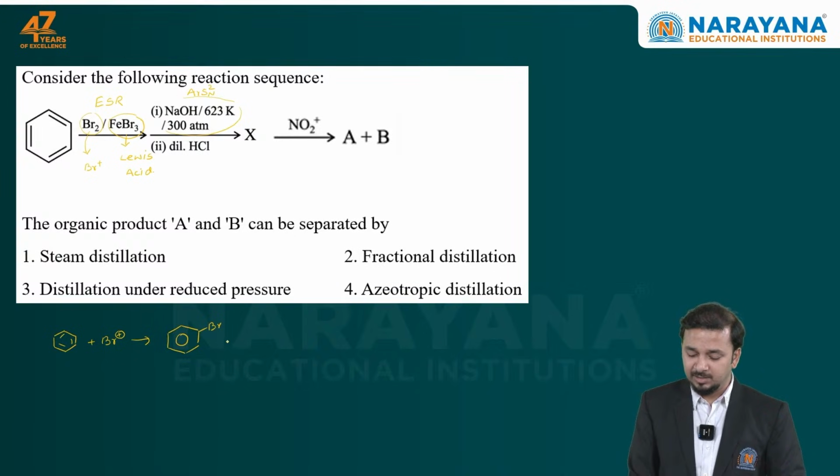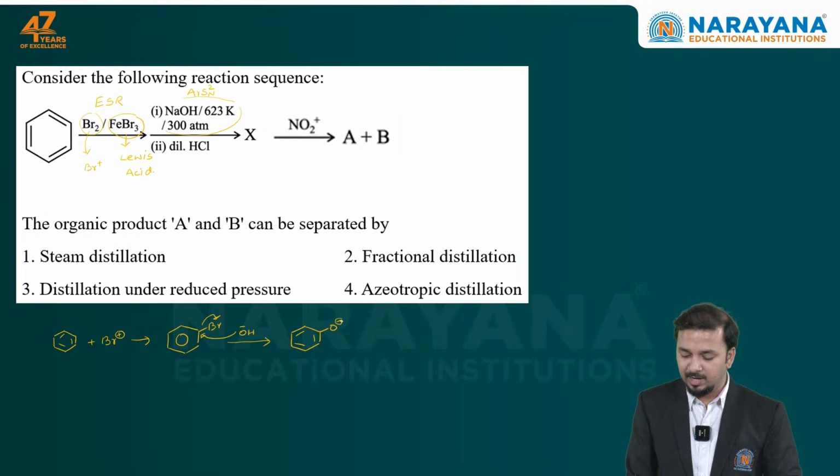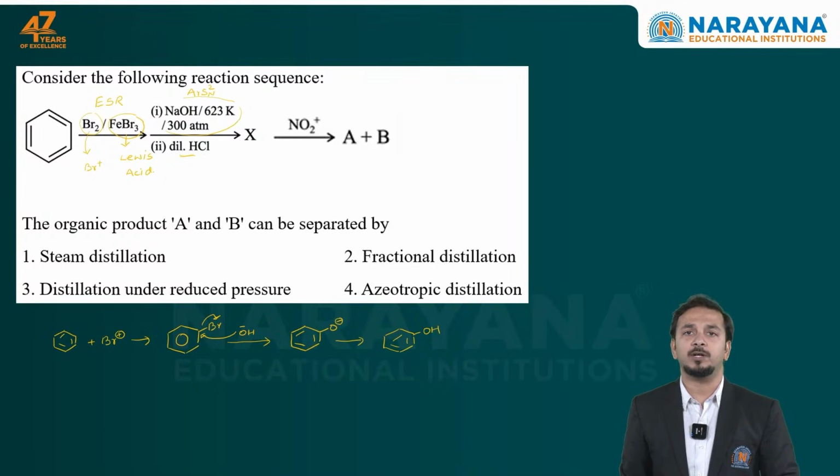In this case, the nucleophile, which is OH minus, can attack on this carbon, and this Br minus will depart from here, which will lead to formation of phenoxide ion, and this phenoxide ion in presence of dilute HCl will be converted to phenol.